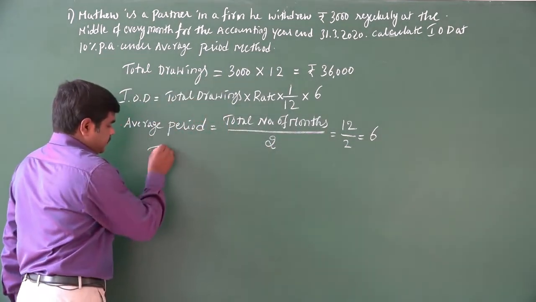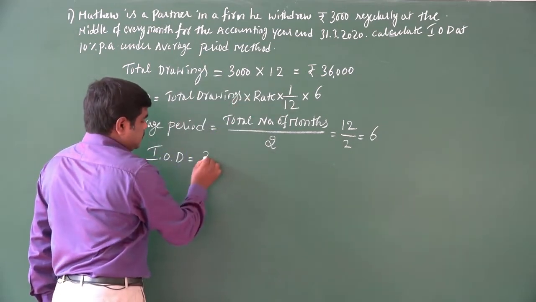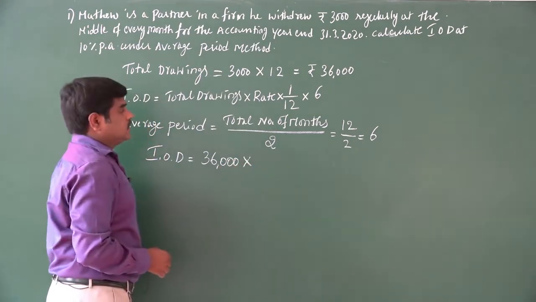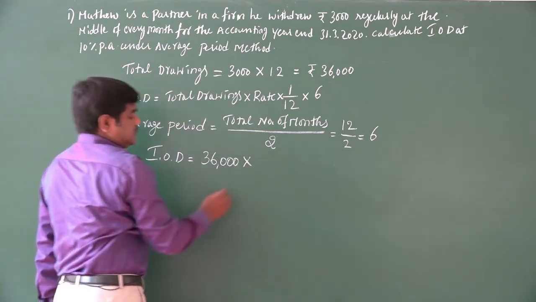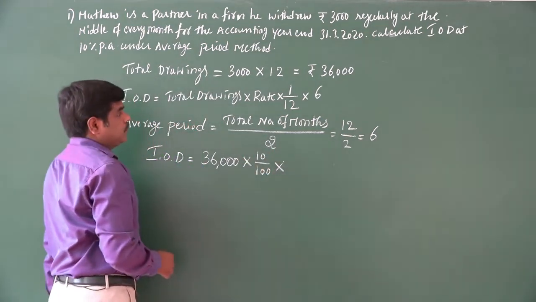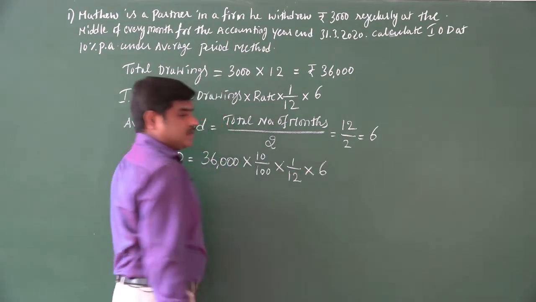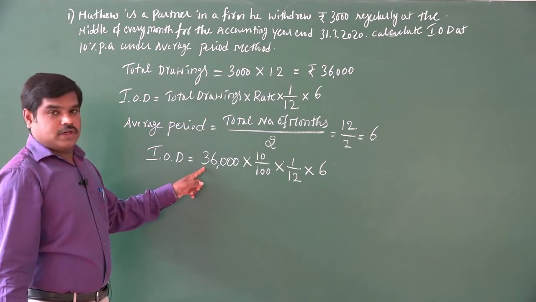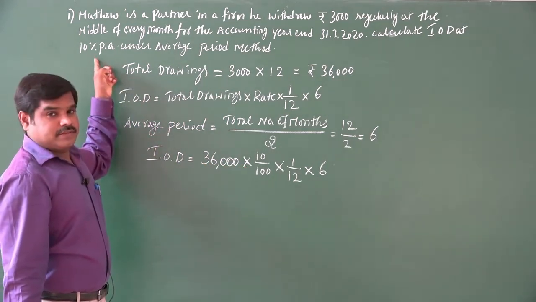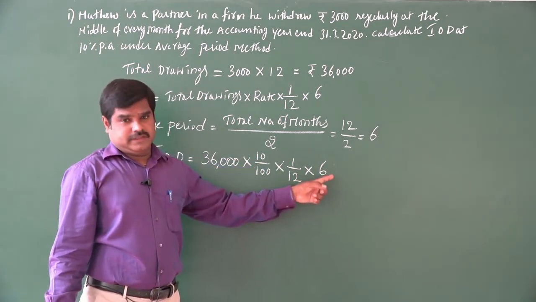Apply the formula. Interest on drawings is equal to total drawings 36,000, rate 10%, into 1/12, into average period 6.